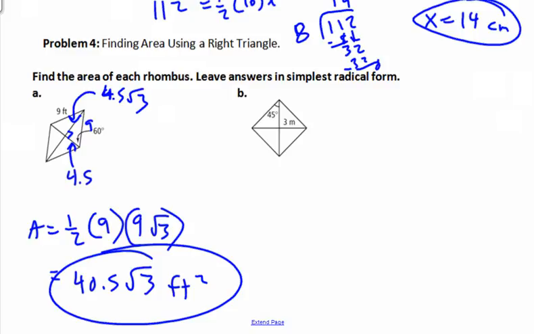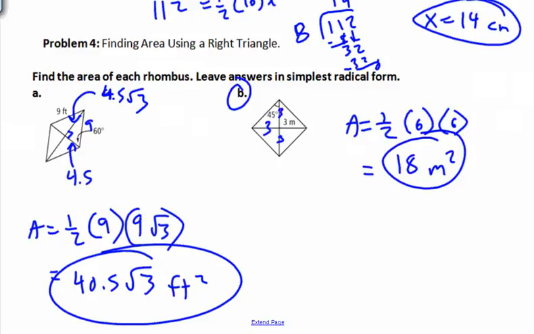Alright, let's look at letter B. Why don't you try to figure this one out on your own? Go ahead. Man, I gave you too easy of one on there. So for the 45-45-90 triangle right there, it's an isosceles triangle. So if you know one of the legs, then you know the other leg. So all the triangles are 3 by 3 for the two legs.